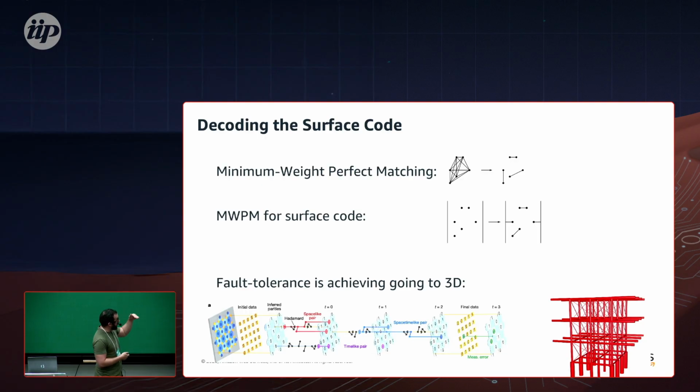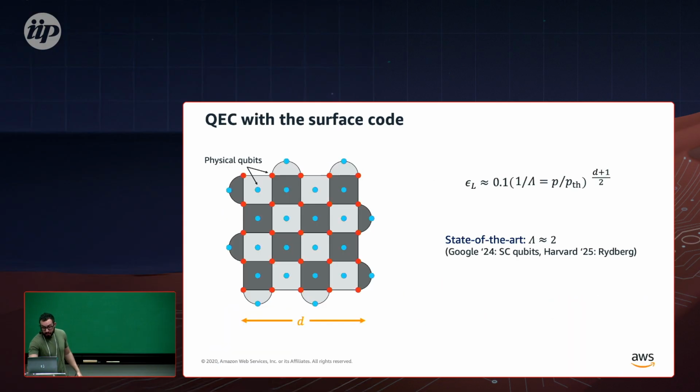So it's a more complicated matching problem. It's a three-dimensional matching problem instead of a two-dimensional one. You end up with these kinds of plots where you have space-like errors, which are errors in the qubit, but also time-like errors, which are errors that happen when you're applying the gates to try to measure the stabilizers. Again, it's a matching problem you can solve.